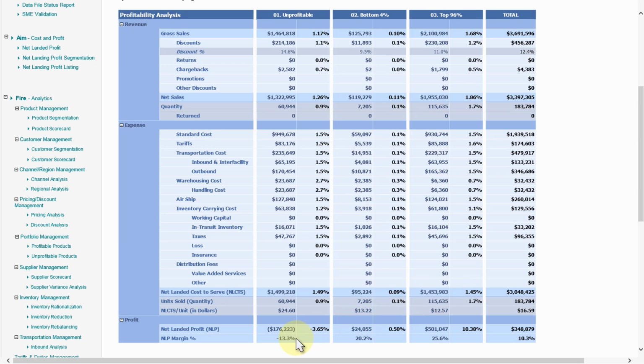Look at the margins. The unprofitable products are losing 13.3%. That's quite a bit when the top products are making 25.6% for these three states.